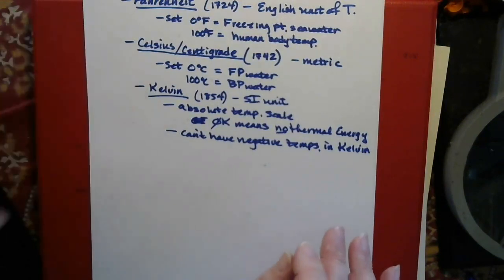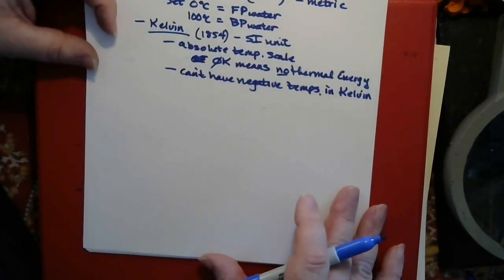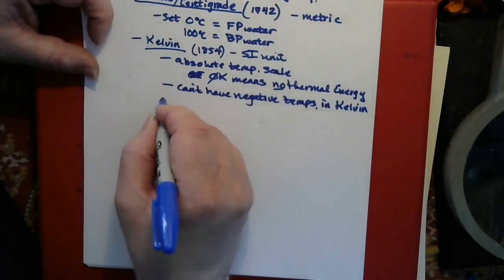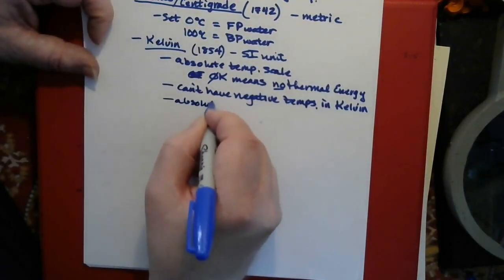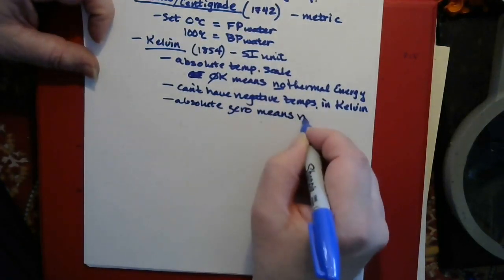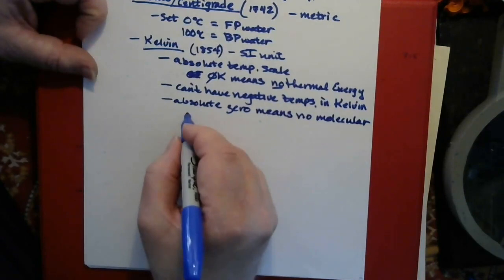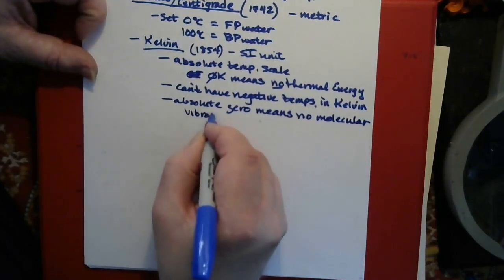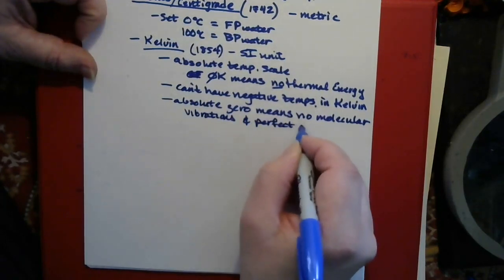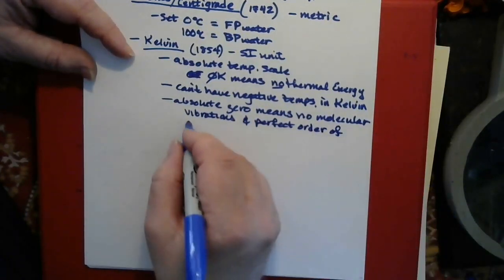But again, temperature is not unless you're using Kelvin. So absolute 0 would mean no molecular vibrations, and perfect order of molecular alignment.